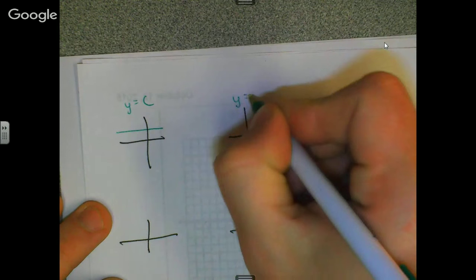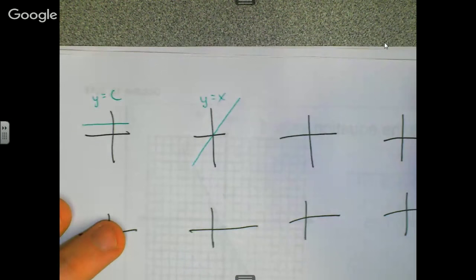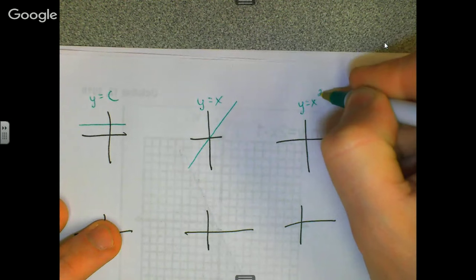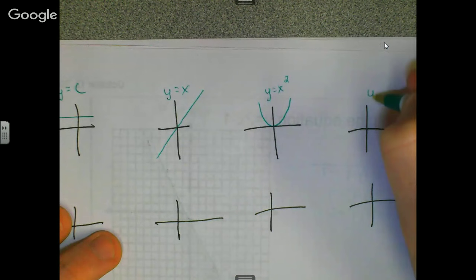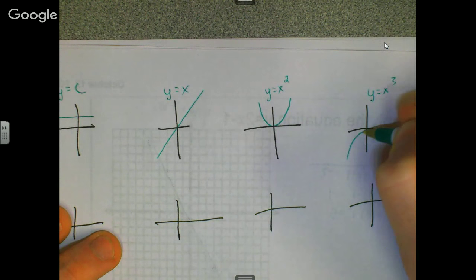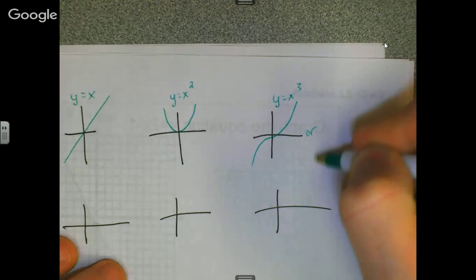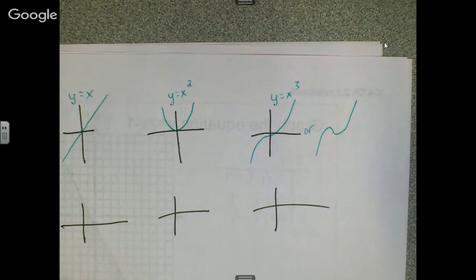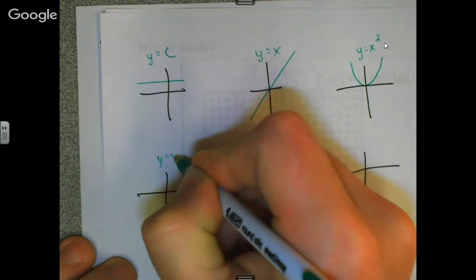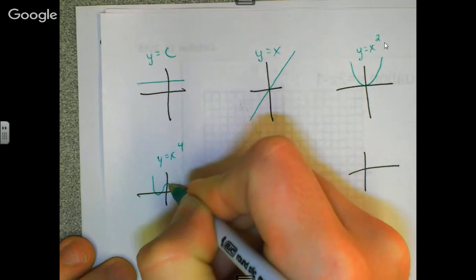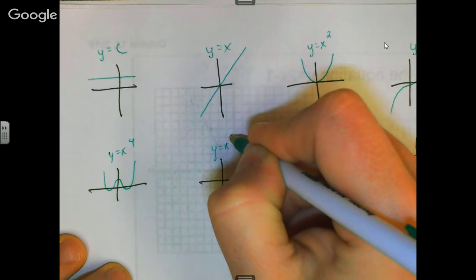We have some line y equals x, which goes right through there. And we can have y equals x squared. So now we get into the polynomials. We can do x to the fourth, x to the fifth.